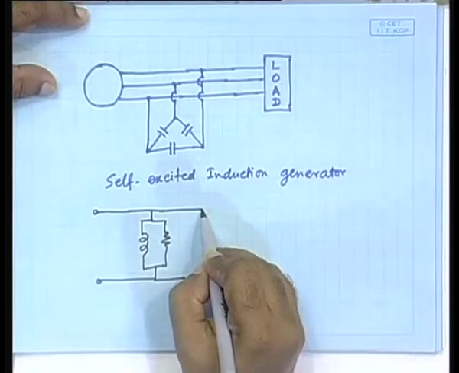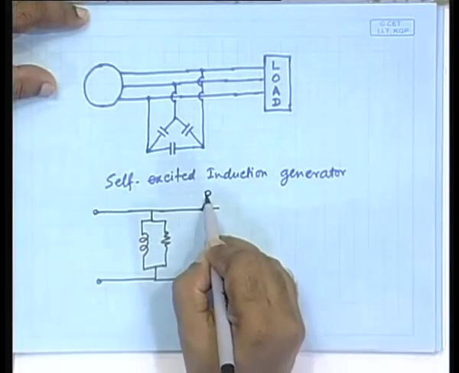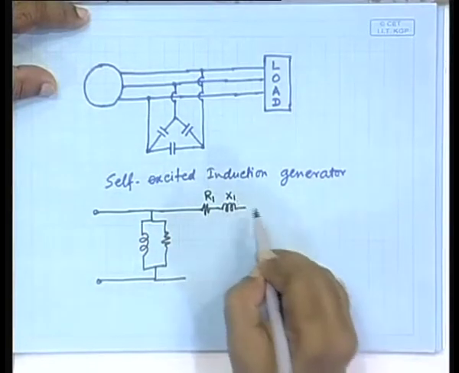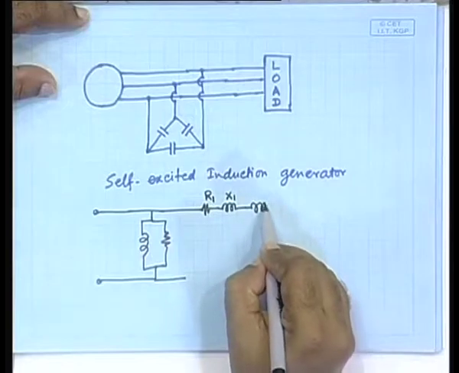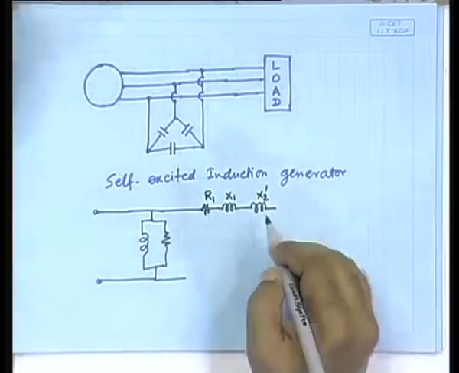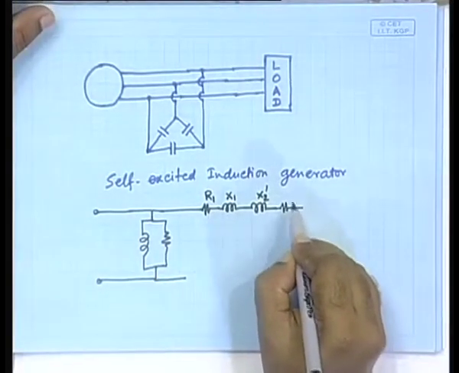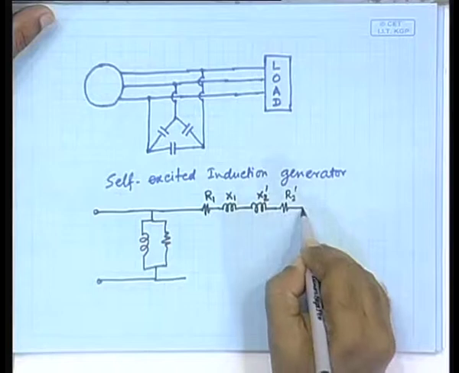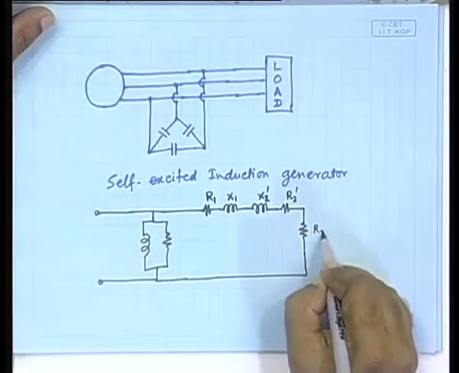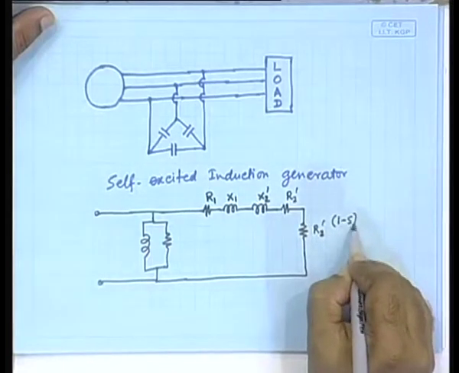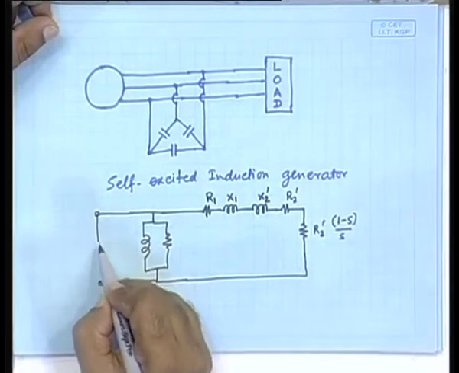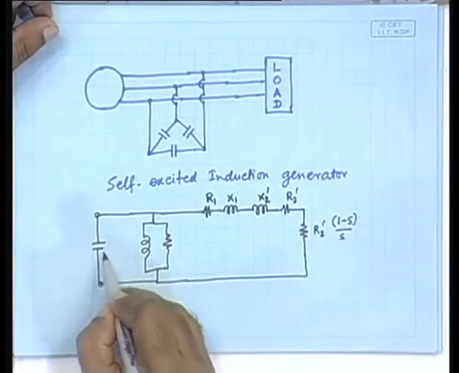It will be a resistance R1, an inductance X1, another inductance X2 prime, another resistance R2 prime, and then a variable resistance connected to it, which is R2 prime times (1 minus S) by S. And here at this terminal we had connected the capacitor.